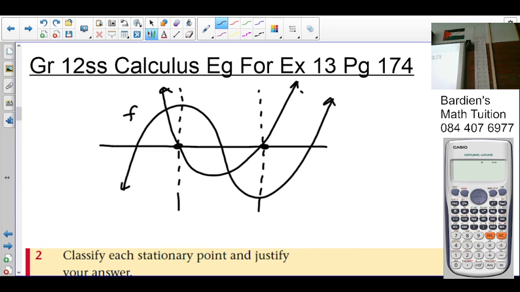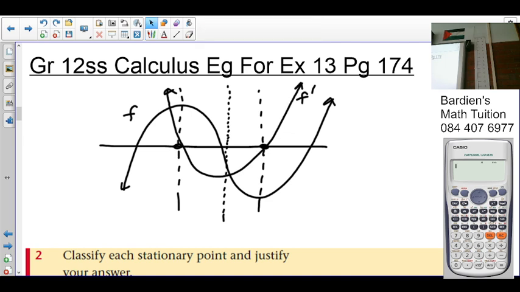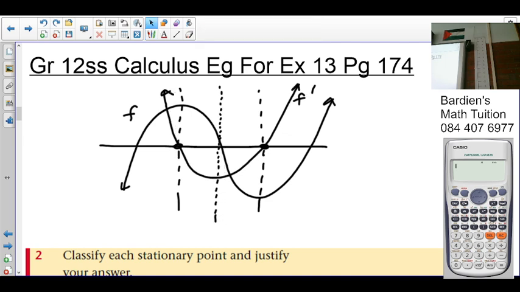This is your derivative function. If you didn't know that, please write it down. Here is your second derivative. Your second derivative actually goes through the turning point of the quadratic function.